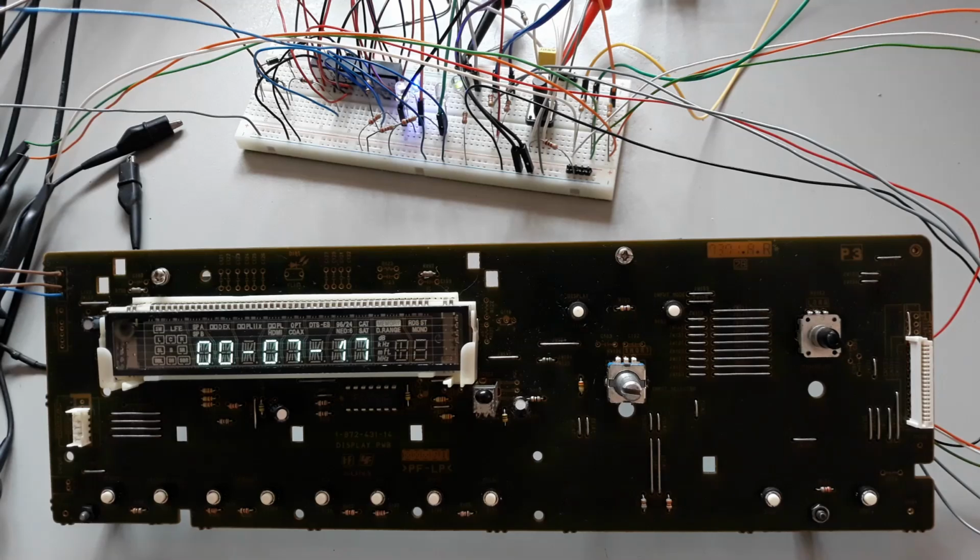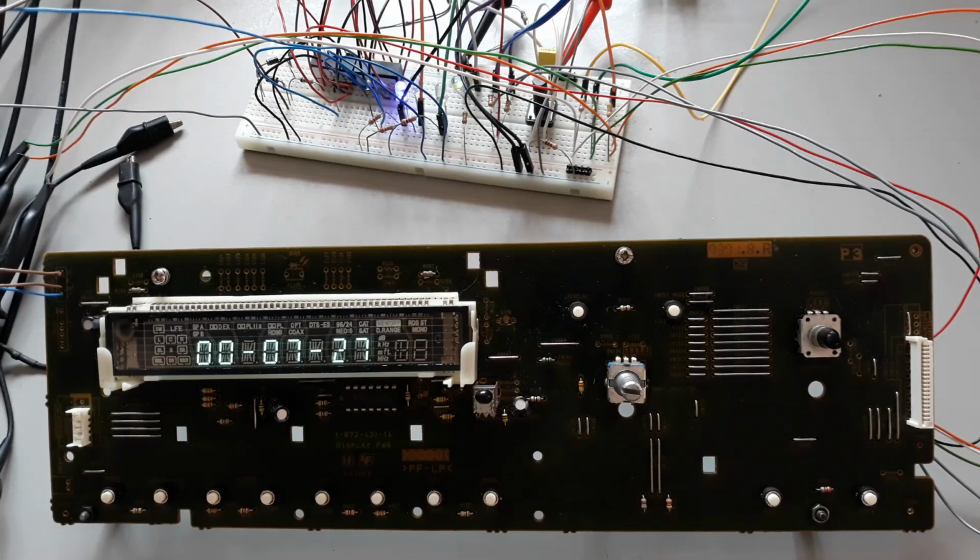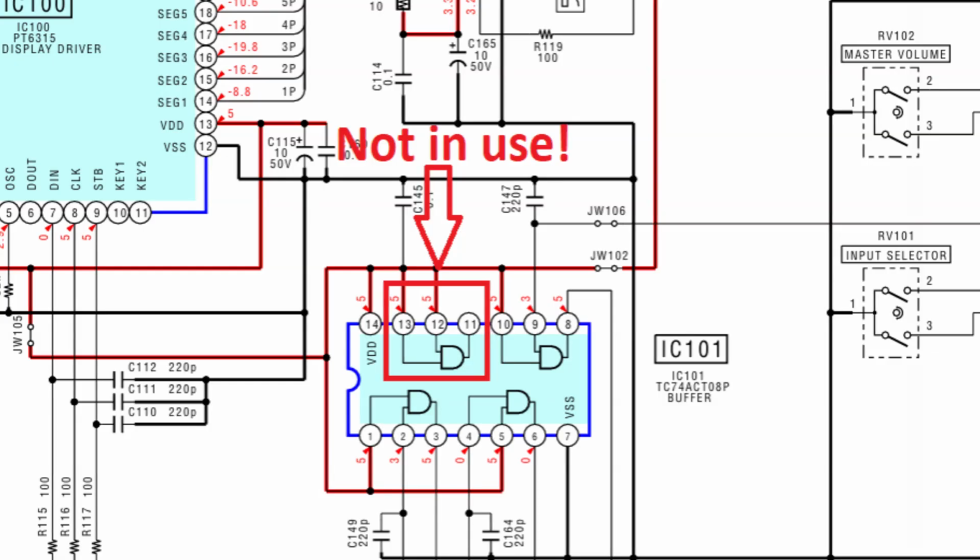An additional integrated circuit from the TTL family was included, with the reference SN74HCT08. This chip acts as an interface between the original CPU and the PT6315. It is composed of 4 AND logic gates. In this design, only 3 of those gates are used.